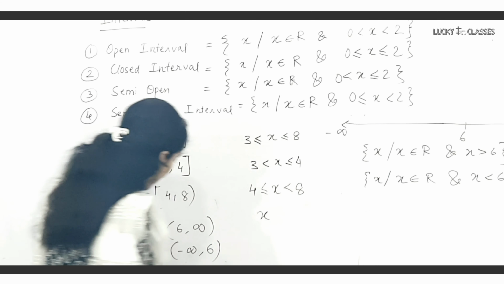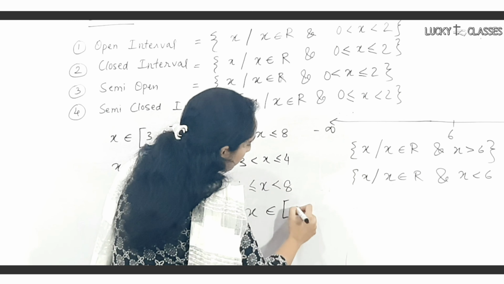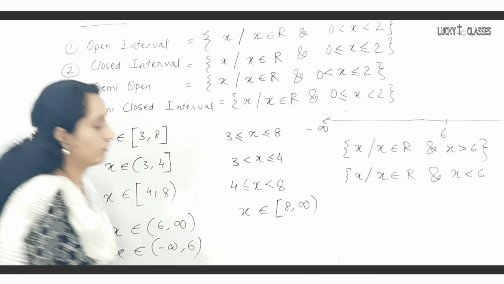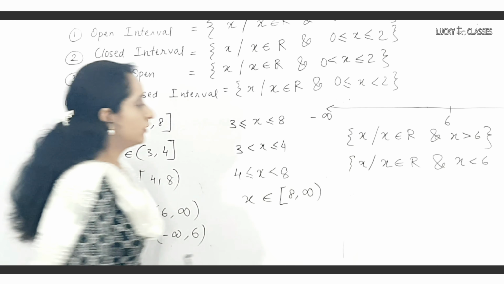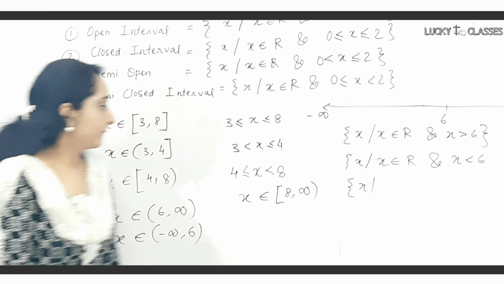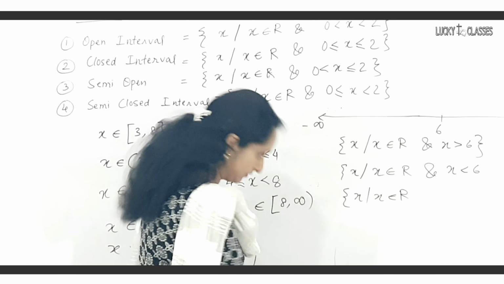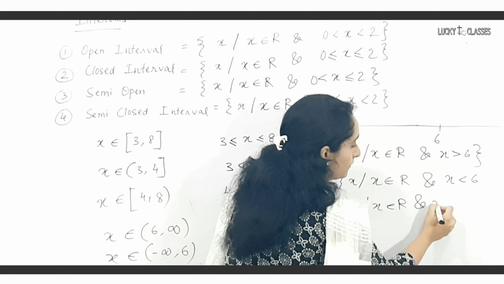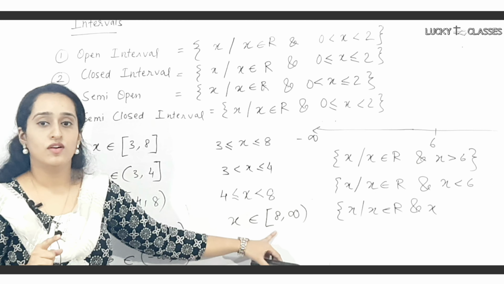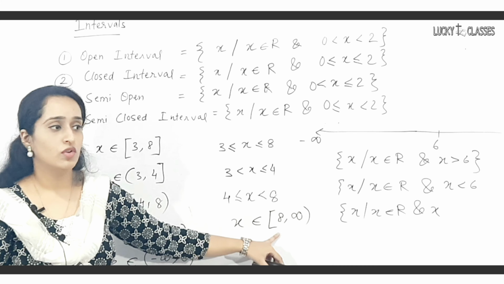If I write x belongs to 8, infinity, in set builder form what are you going to write? x belongs to R and x is greater than, or greater than equal to?